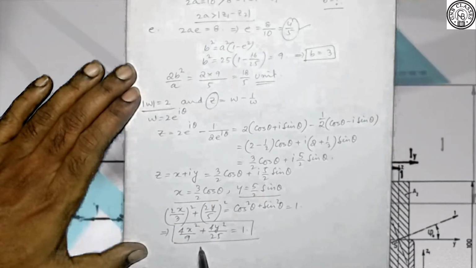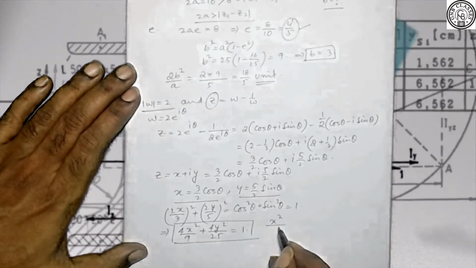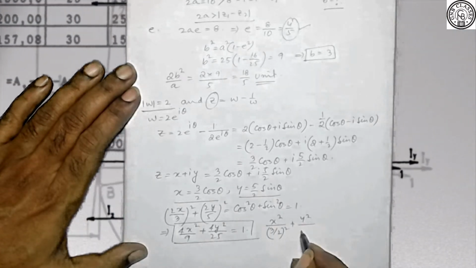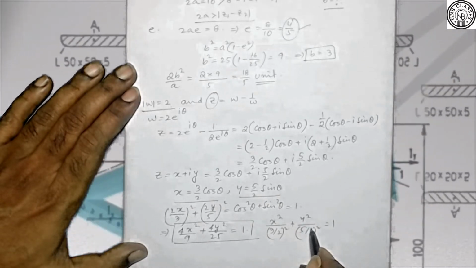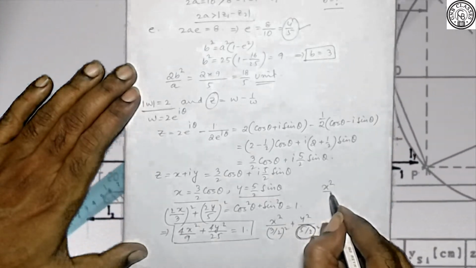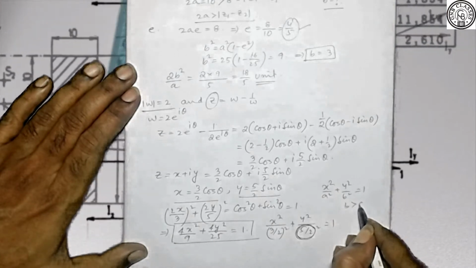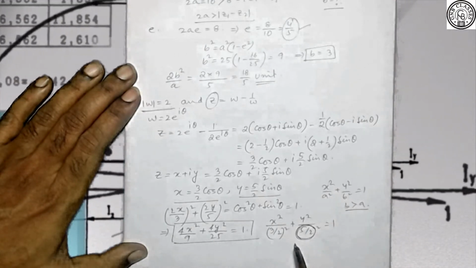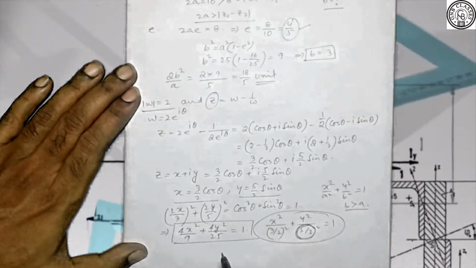Right? Now, you can easily see from here that it is basically x square by (3 by 2) whole square plus y square by (5 by 2) whole square equals 1. Since the general equation is x square by a square plus y square by b square equals 1, when b is greater than a, and in this case that is happening, the ellipse will be a vertical one, right? It will be a vertical ellipse.